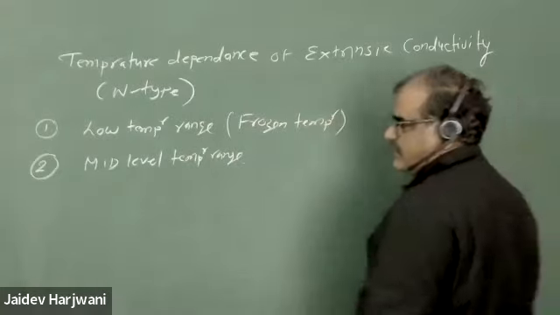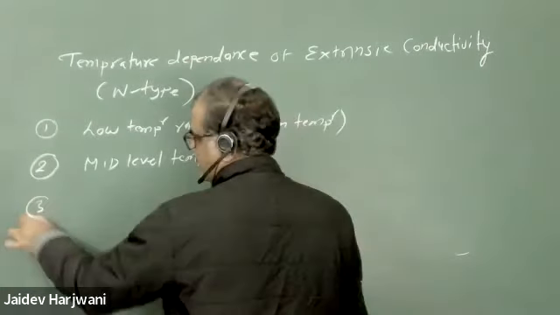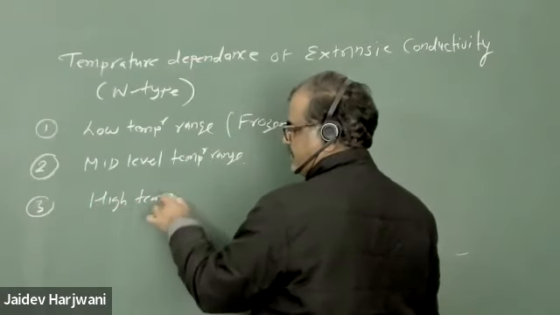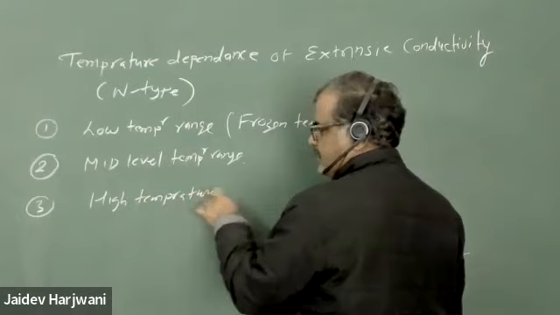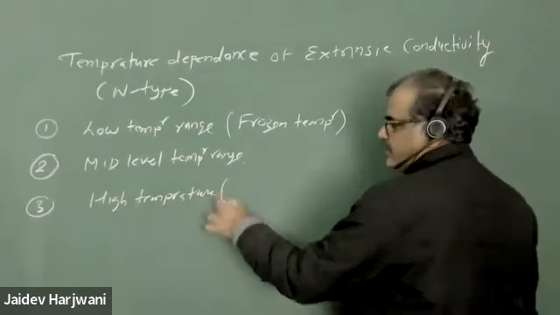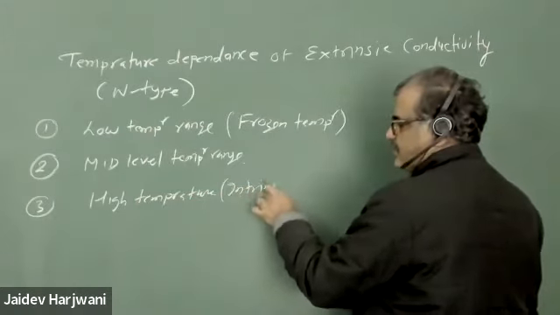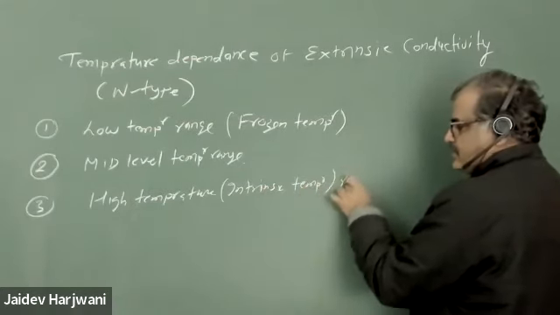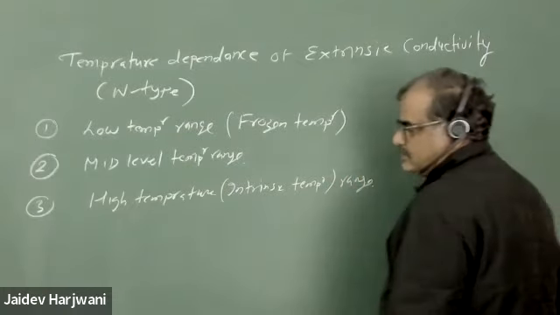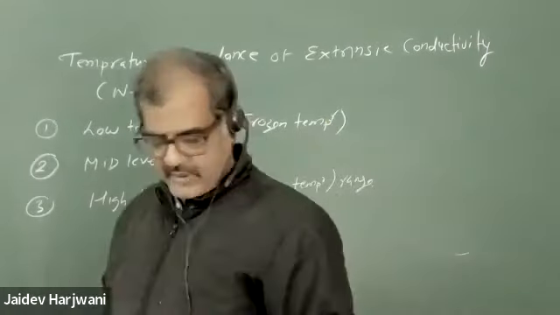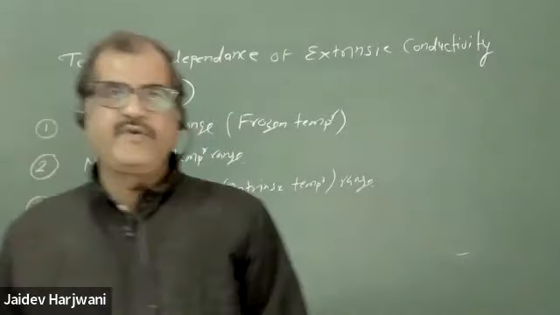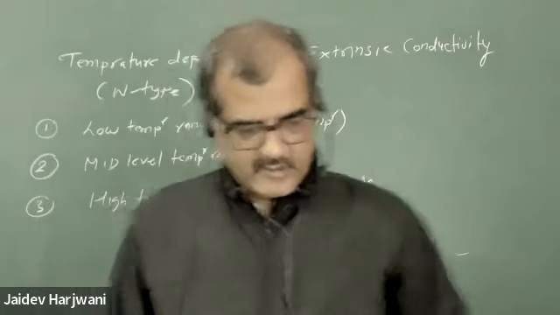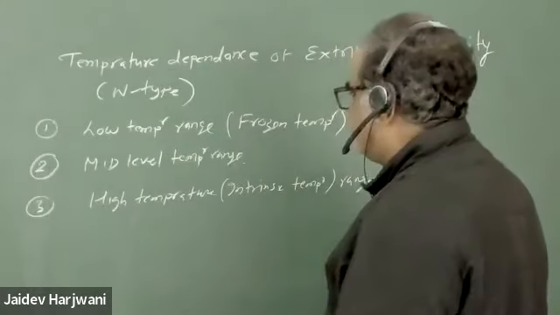And then one is the high temperature range, which you also call the intrinsic temperature range. The mid-level temperature range we already discussed. There all the impurity atoms are ionized, so your conductivity is basically constant. Now, let me discuss the temperature variation.